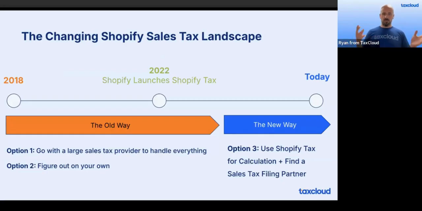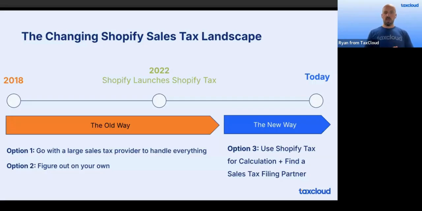And the old way, if you were selling on Shopify, was that for most businesses, you would use one or two options. You'd either go with one of the large legacy sales tax providers that would plug into Shopify and would handle all of your Shopify needs, from Nexus, calculation, and filing.